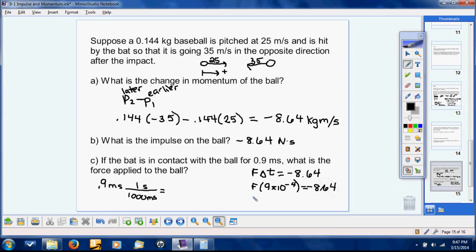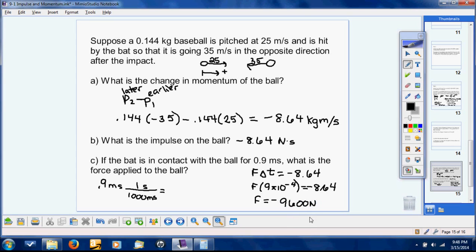And then what we need to do is divide both sides by that to get our force. Okay, remember this doesn't have any positive or negative, but our force has got to be negative. That makes sense because the force has to be in the opposite direction to change the direction of the motion there. So we have 8.64 divided by 9 times 10 to the negative fourth, and we get 9,600 newtons.